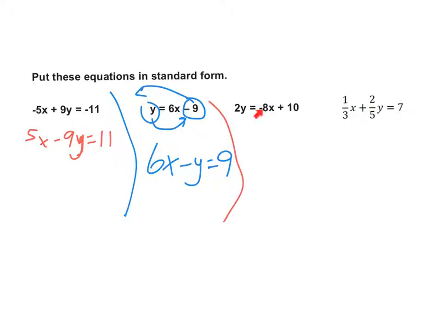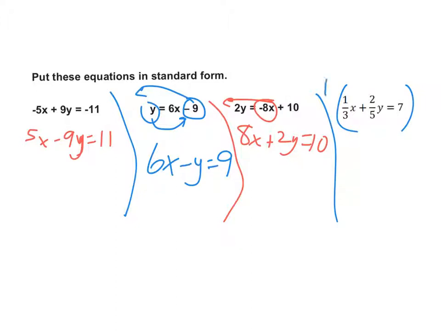What has to change on this one? You have to add the 8x. Yep. Just add the 8x to the other side, or slide it over and it changes the sign. 8x plus 2y equals 10. How many had that one? Alright, last one we have to multiply by the common denominator, which is 15.